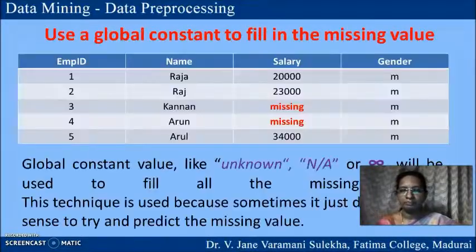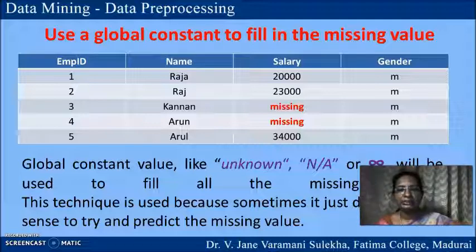The third one is use a global constant to fill in the missing value. That is, a global constant like unknown, NA, that is not available, or infinity will be used to fill all the missing values. This technique is used because sometimes it just doesn't make sense to try and predict the missing value. In this table, in the third and fourth row, the salary is missing.